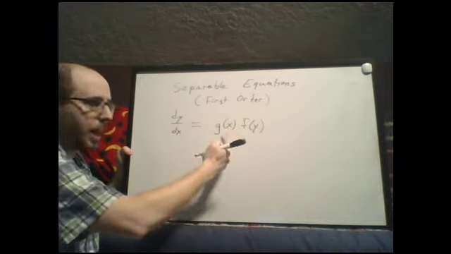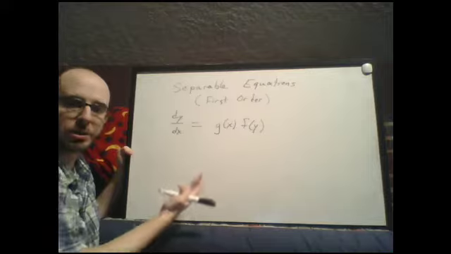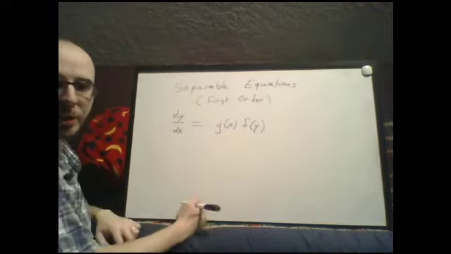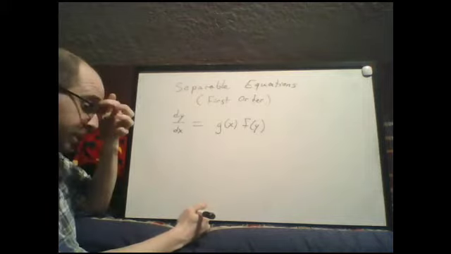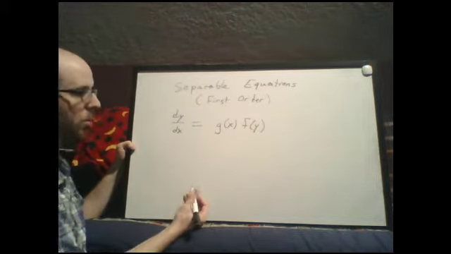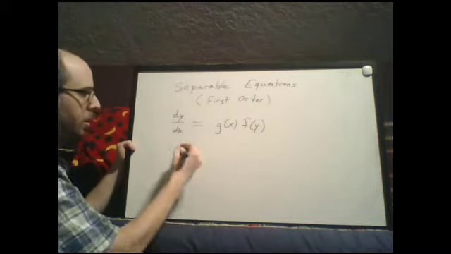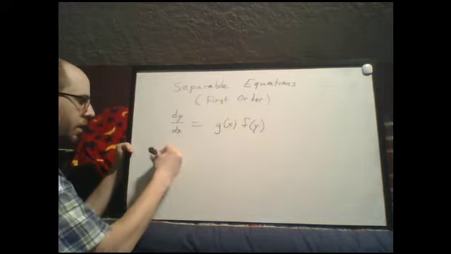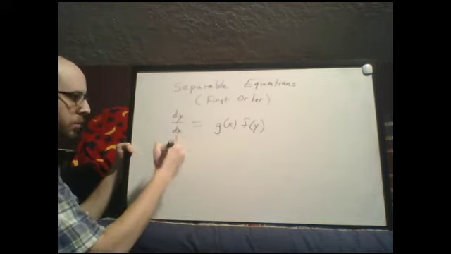Where x and y are variables, but y is understood to be a function of x. But my equation can be factored like this. So in that case, we separate this by dividing by f of y and multiplying by dx.